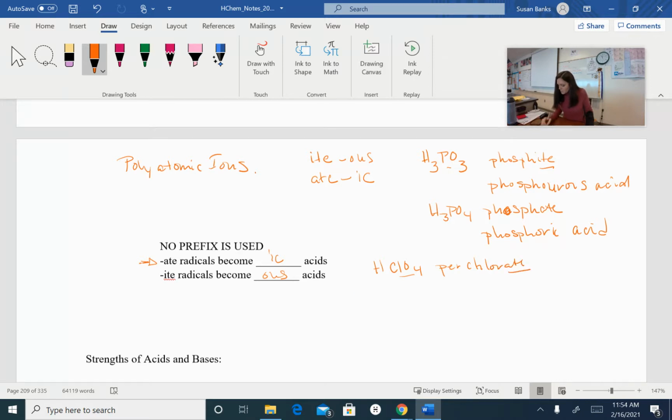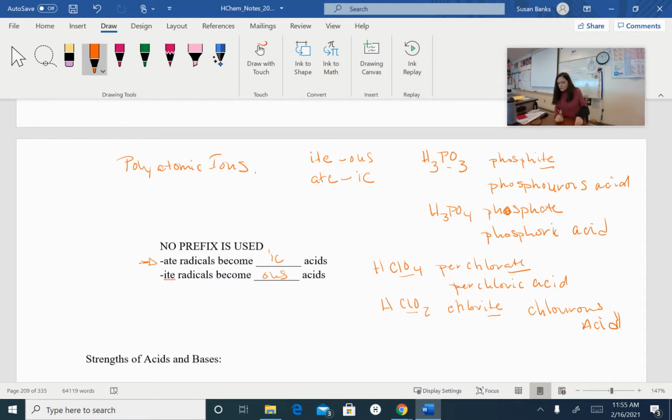So ate goes to ic, so this would be perchloric acid. If I had HClO2, ClO2 is chlorite. So this is going to go to ous, so this would be chlorous acid.